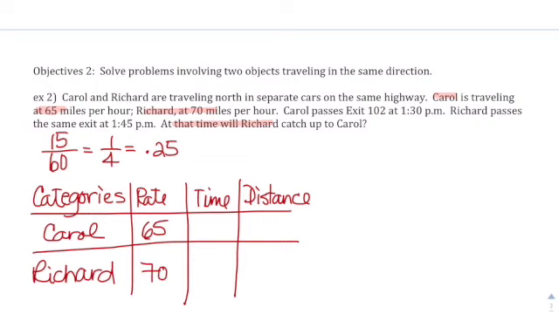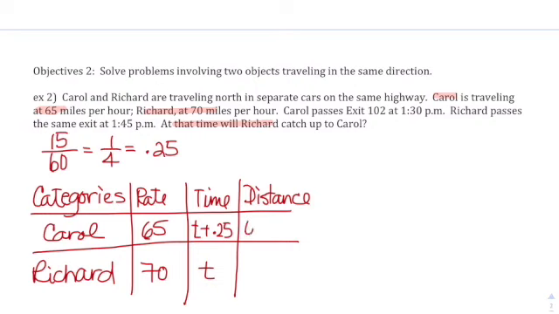Now the time is the tricky part. Carol has already passed, and Richard is catching up. So since she passed, you have to give Carol the extra time to travel that much further. So t plus 0.25, and down here is t. Okay, so Richard is t because Carol travels a quarter of an hour, which is 15 minutes, more than Richard distance-wise.